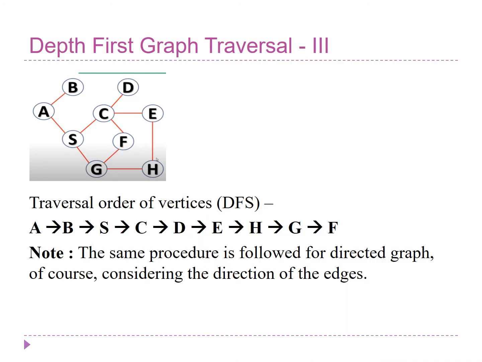Hence, the traversal order of vertices for the given example is the vertex A followed by B, S, C, D, E, H, G and F. The same procedure of depth first traversal is followed for a directed graph, considering the direction of the edges.